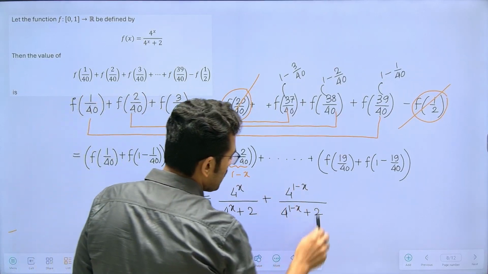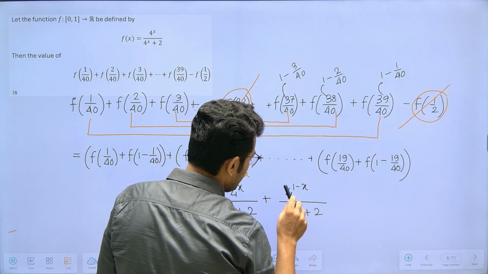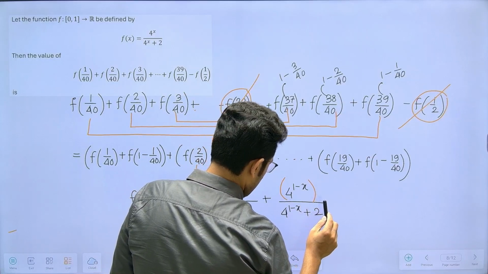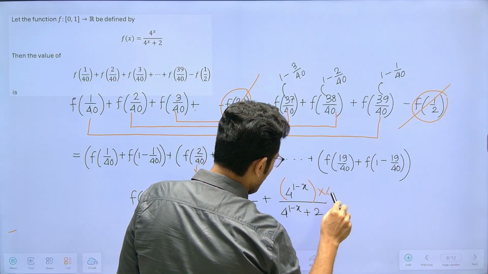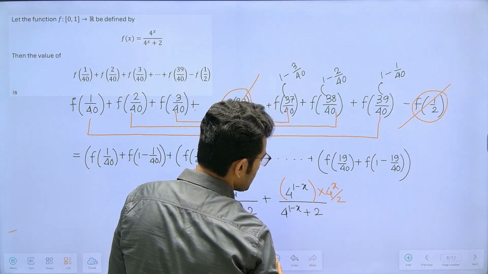Now if we simplify this, multiply numerator and denominator with 4^x / 2 and see what will happen.